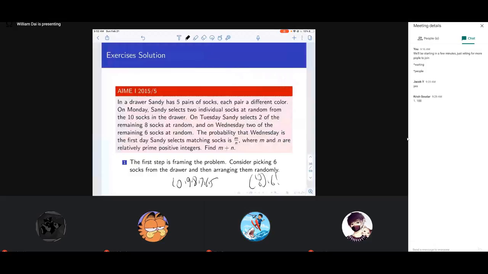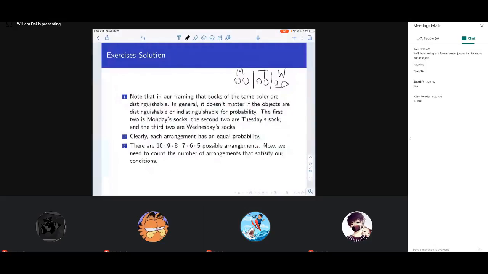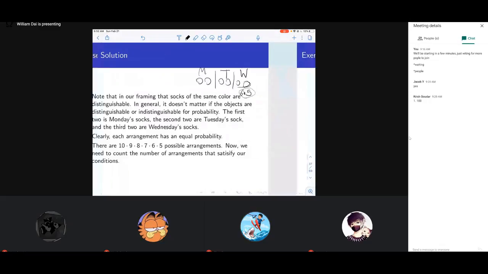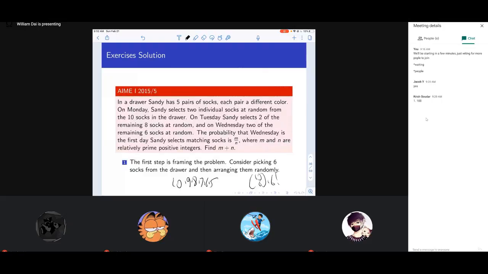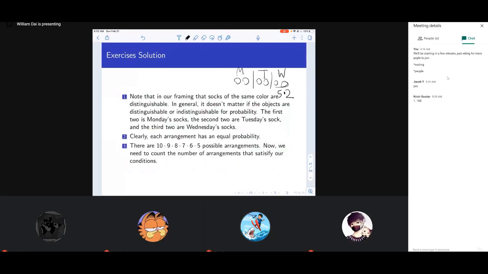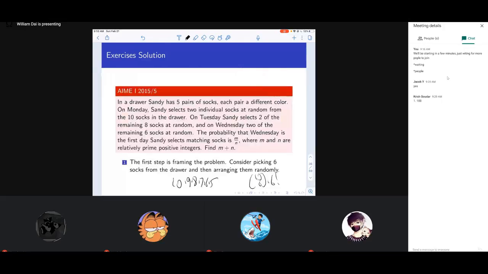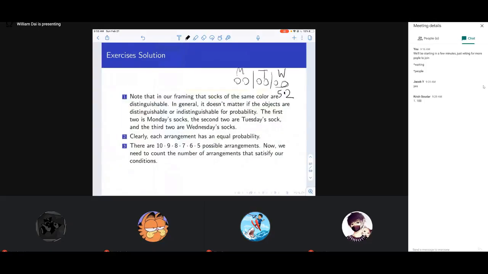On Wednesday, we have 5 pairs of socks, and these 2 socks have to match.